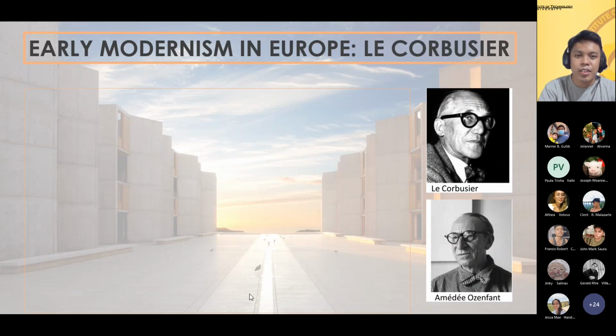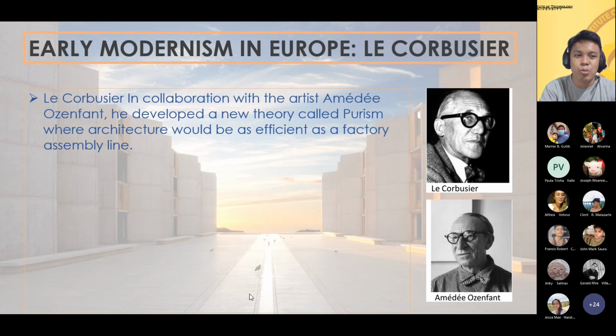And another famous architect during the early modernism in Europe is Le Corbusier. Le Corbusier, in collaboration with this artist right here, started the term purism. So they started a movement which they call purism.